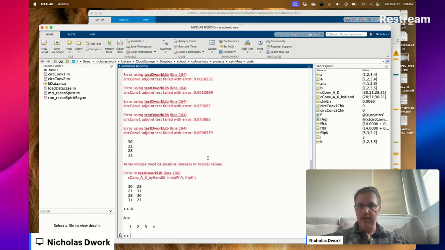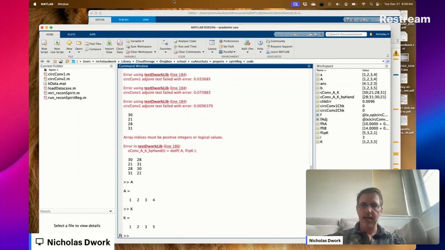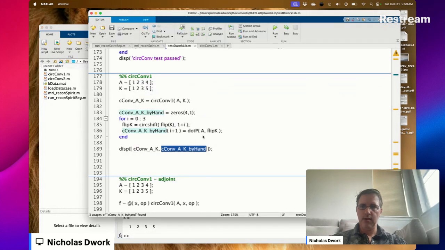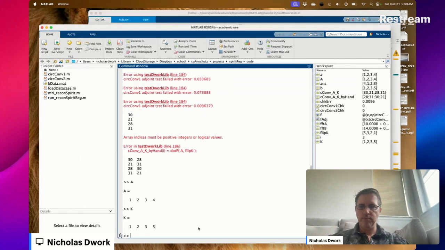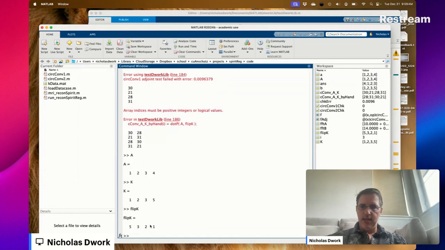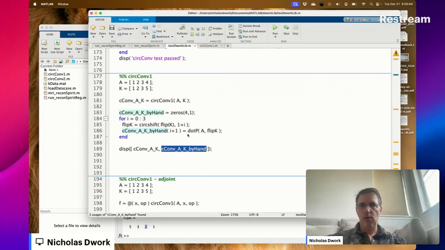If I look at A, it's 1, 2, 3, 4. If I look at K, it's 1, 2, 3, 5. If I look at flip K, it's 5, 3, 2, 1, and that's incorrect because the origin's at 3 and it should not have moved. Why did it?